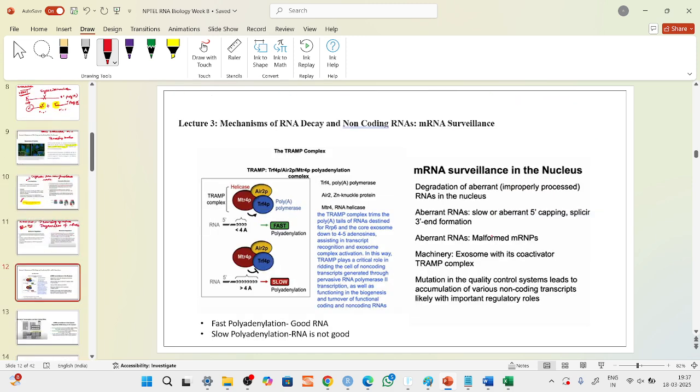Okay. Now we come to the next thing, which is mRNA surveillance. So what is the meaning of surveillance? Can anybody tell me first? What is the meaning of surveillance?